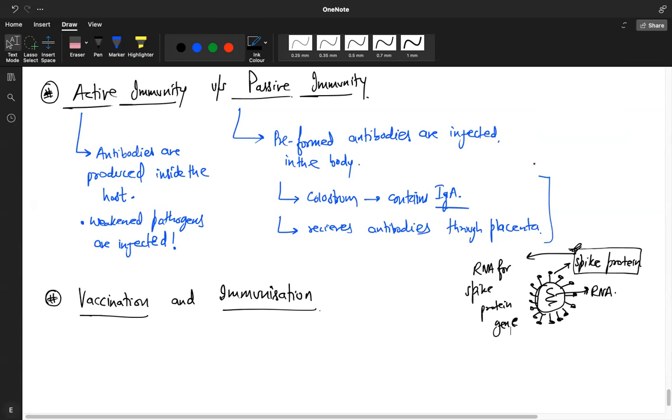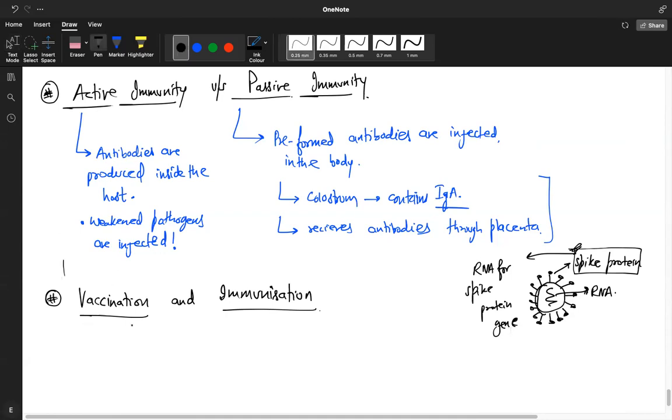This RNA will get translated in our body to become spike protein, and we know that it is just one spike, so it will not cause disease, but it will cause our immune response to elicit a full-fledged war. Make sense? Yes. So in this case, the motive is to make antibodies.